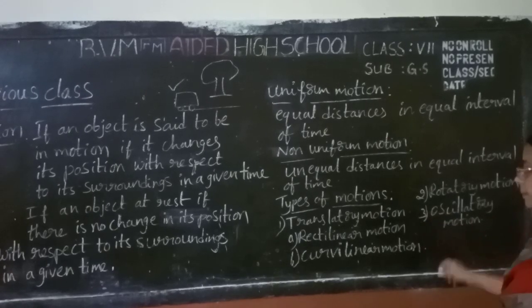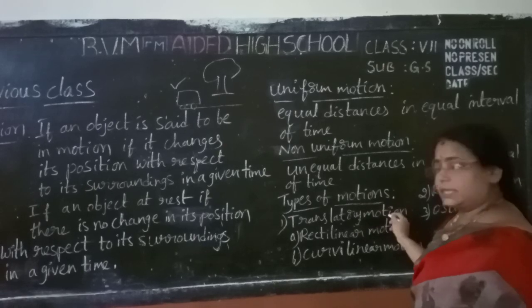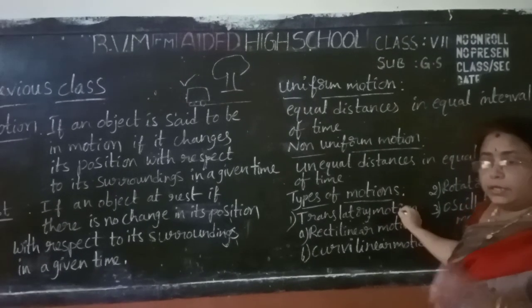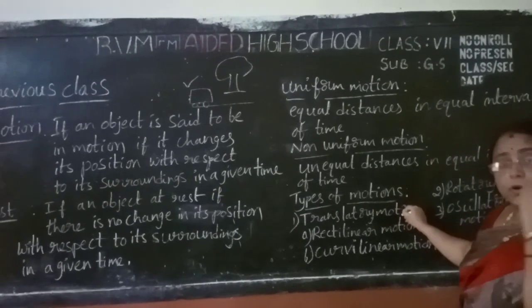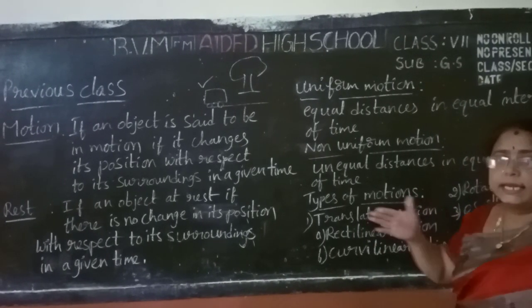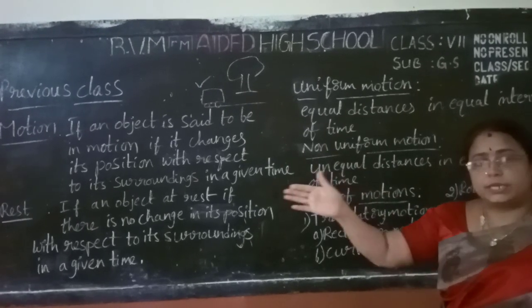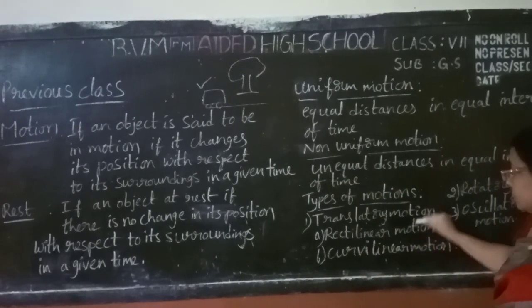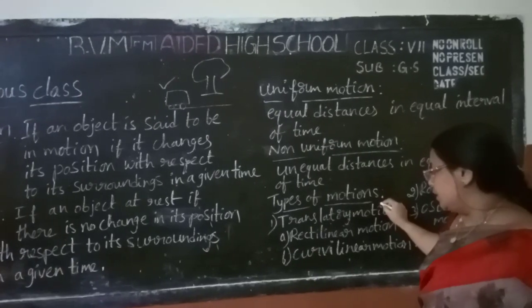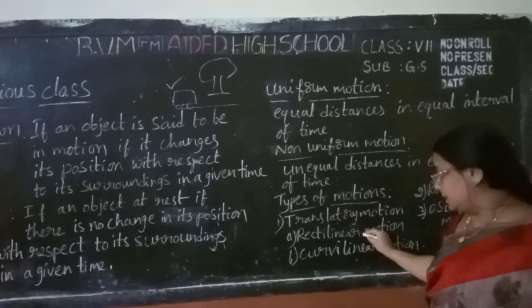Have you understood, children? What is called translated motion? If all particles of a moving body move in the same direction, that body is said to be in translatory motion. Again, in translatory motion we have learned these two topics.